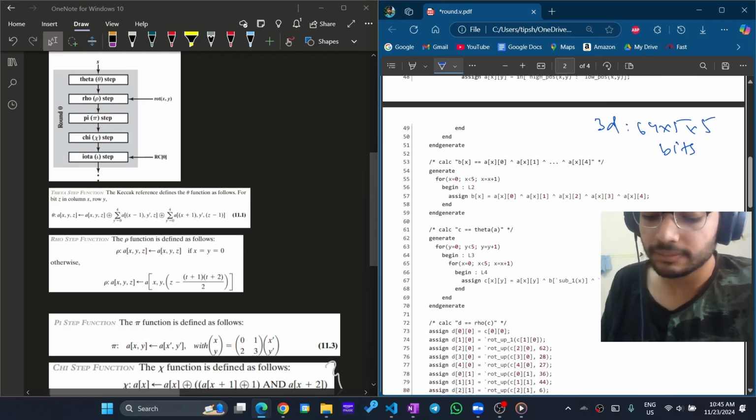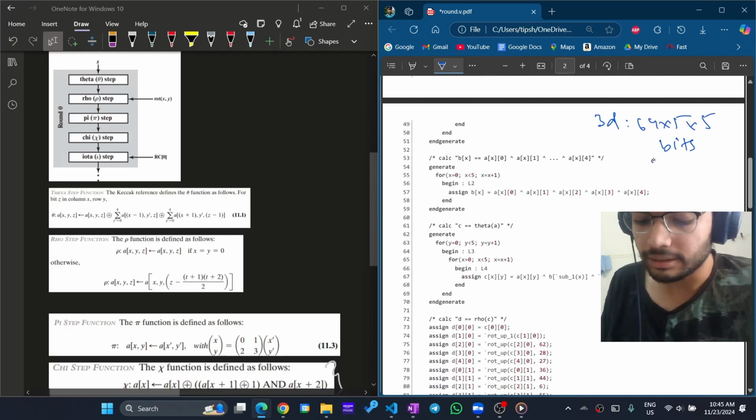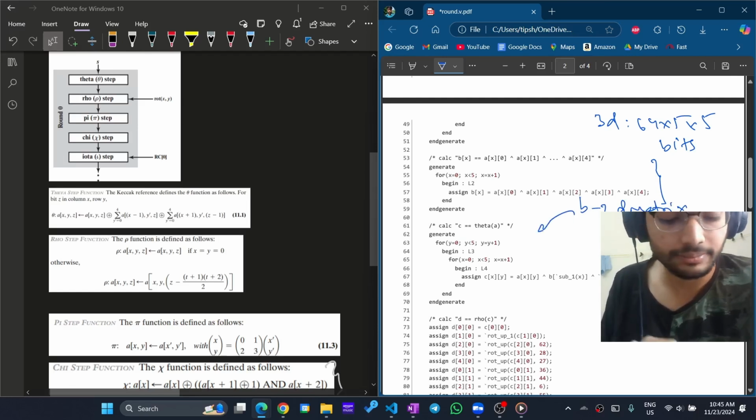Each are called slices, and this is made into a 2D matrix, which is given to the theta stage.